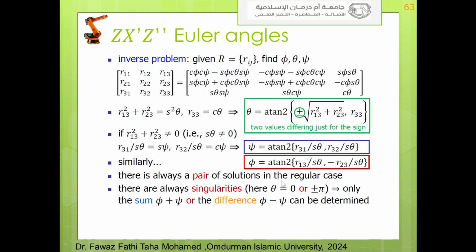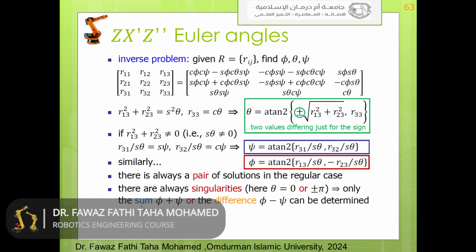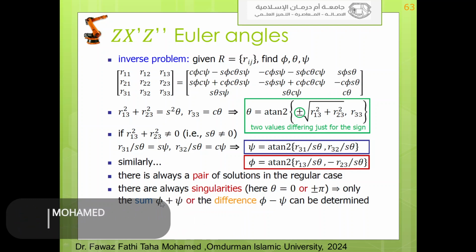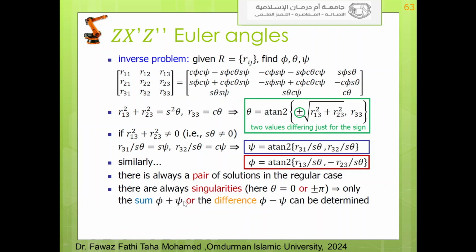For example, if theta equals 0 or plus or minus pi, this term equals 0. In this case, we can only determine the sum phi plus psi, or the difference.